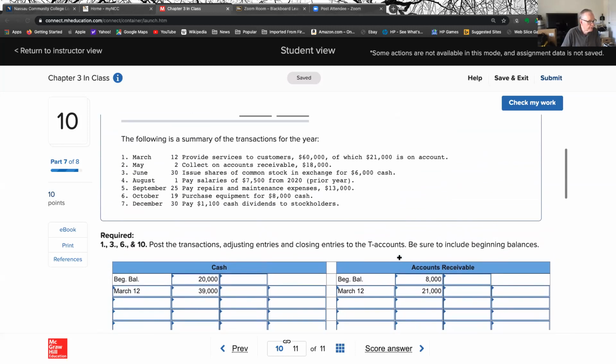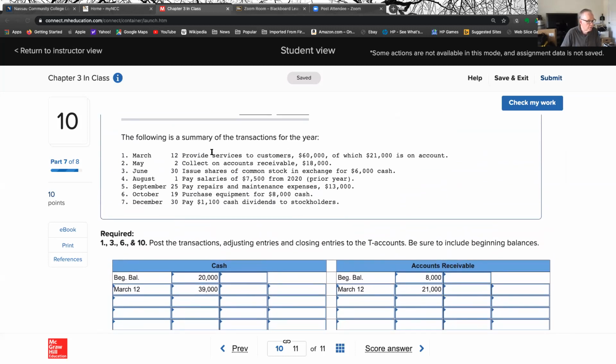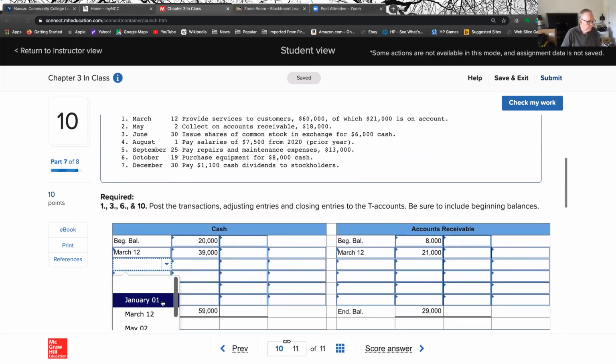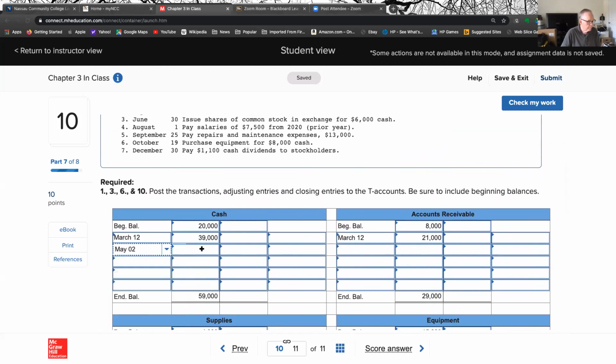Now that second transaction, May 2nd, collect on accounts receivable 18,000. So May 2nd, that was a debit cash of 18,000 and credit accounts receivable of 18,000.